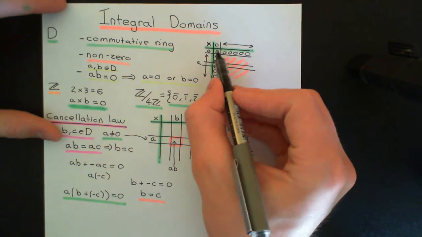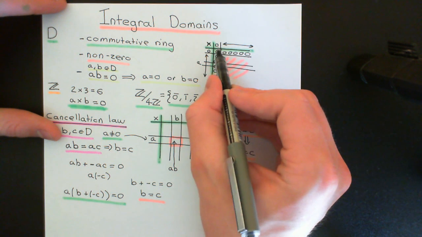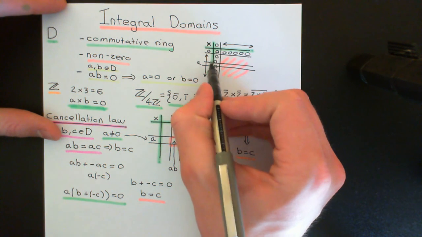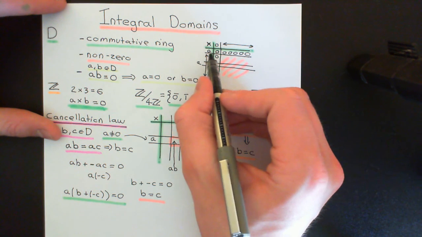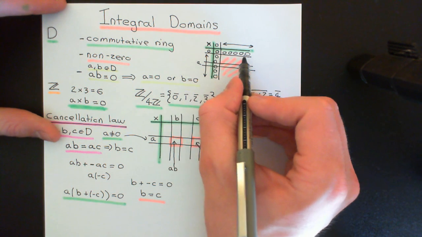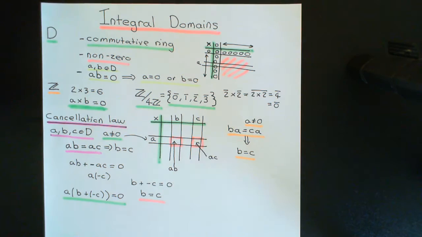The only rows and columns that don't obey this are the row and column that correspond to 0. They're the only rows and columns where you have the same element appearing more than once. In fact, you have it appearing loads and loads of times, which is 0 in this case. All the other rows and columns in the multiplication table of an integral domain contain elements of the domain appearing only once.